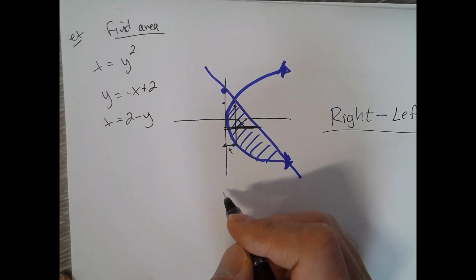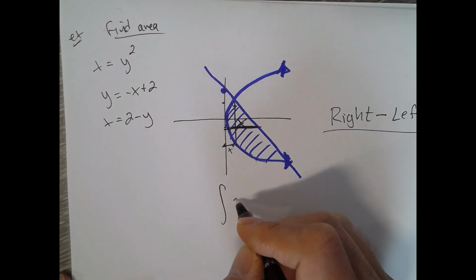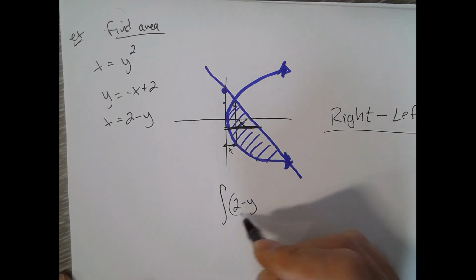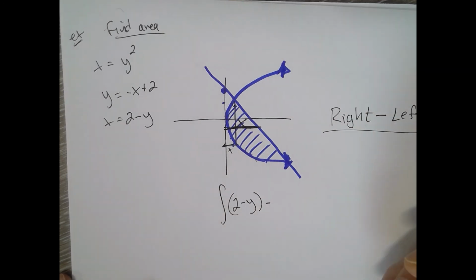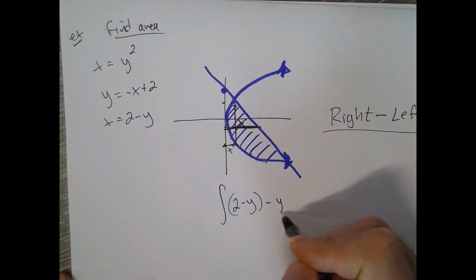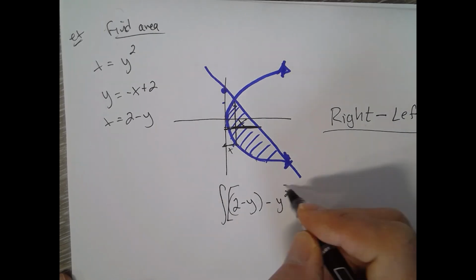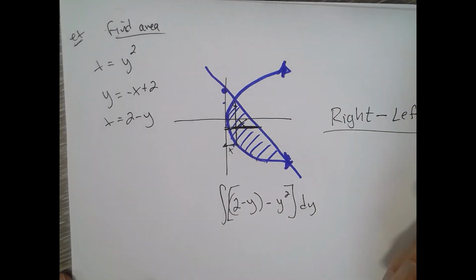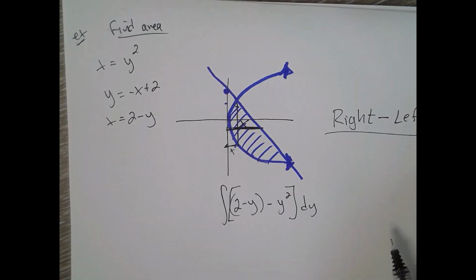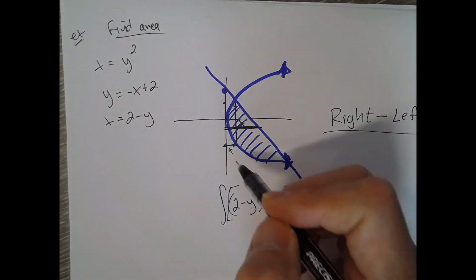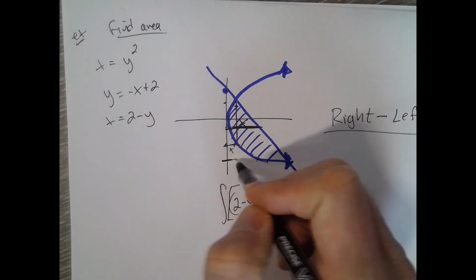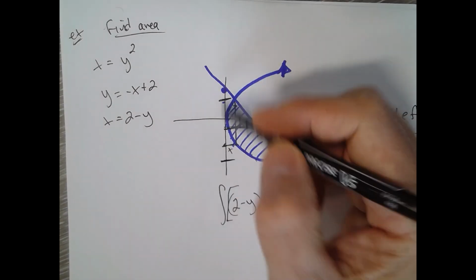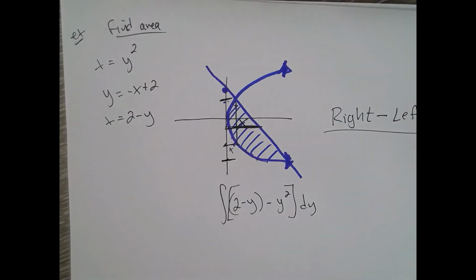So it's the integral of 2 minus y minus the other x, which is y squared, dy. Okay, we're integrating with respect to y now. So for our points of intersection, we need to know on the y-axis, from here to here, we need to figure that out.